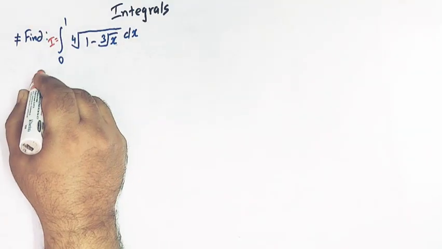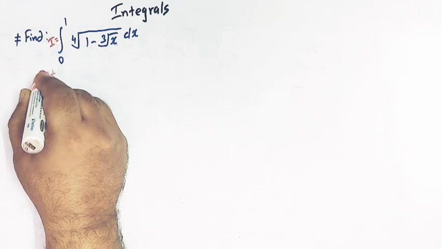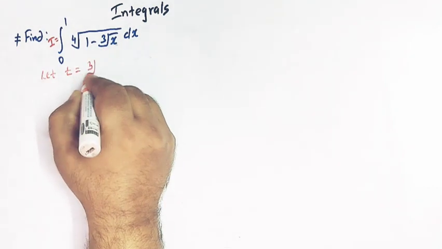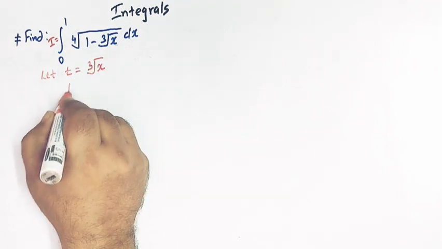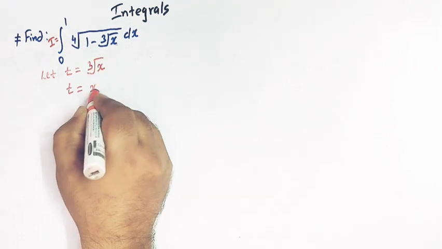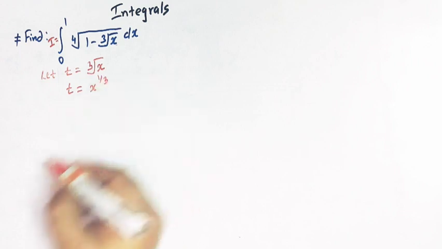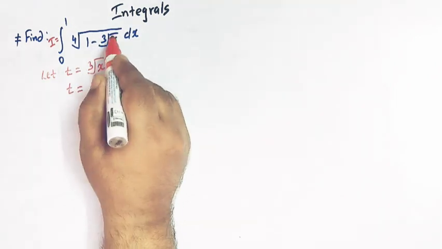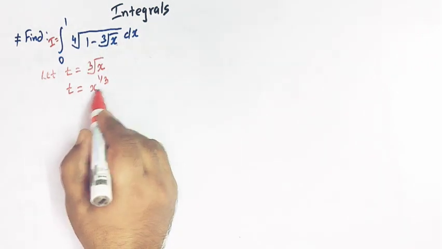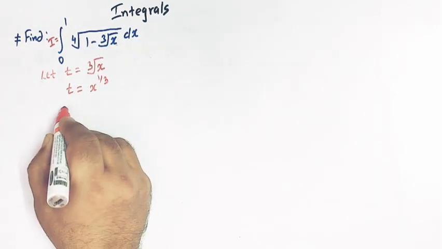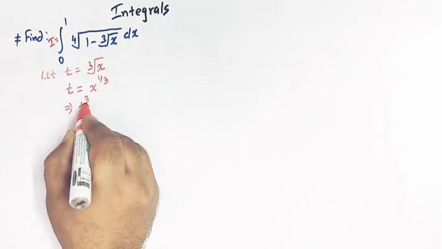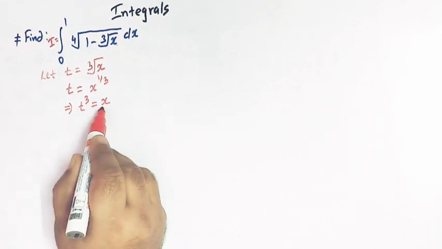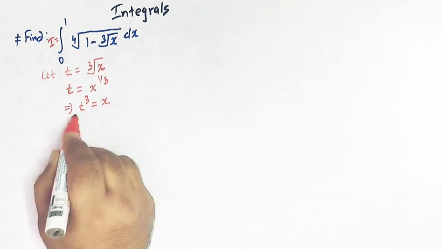Now let us substitute t equal to cube root of x. So we can write t equal to x raised to 1 over 3, so that we have t cube equal to x. Let us differentiate both sides with respect to x.